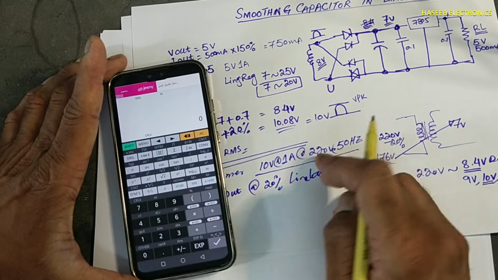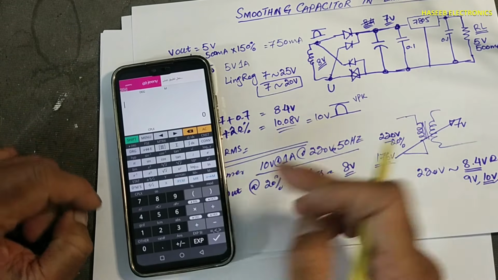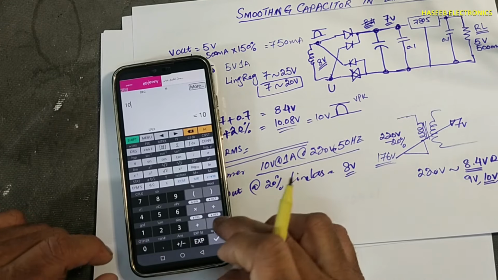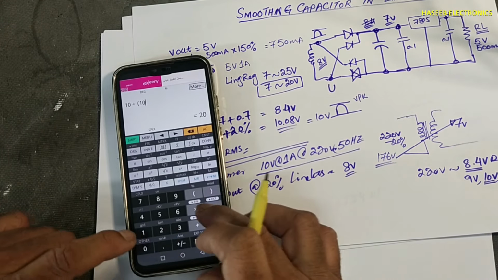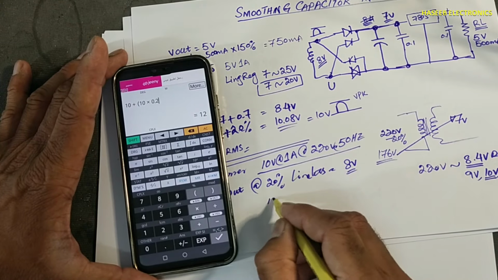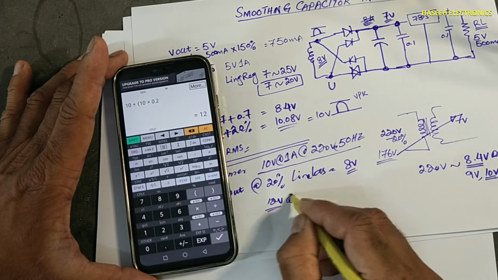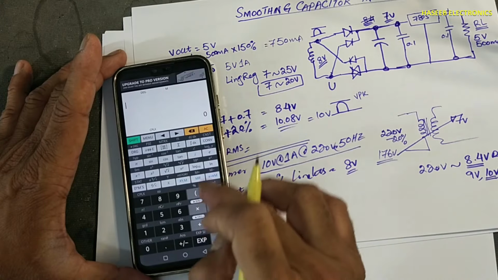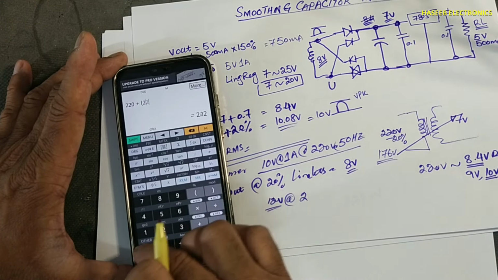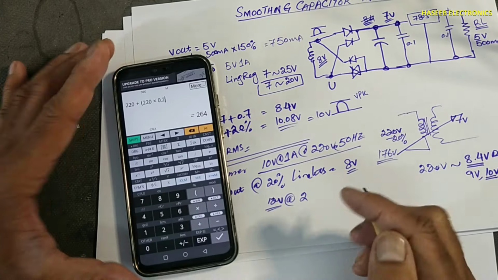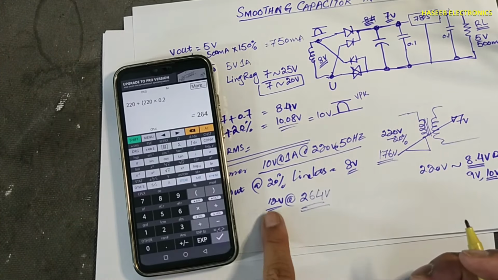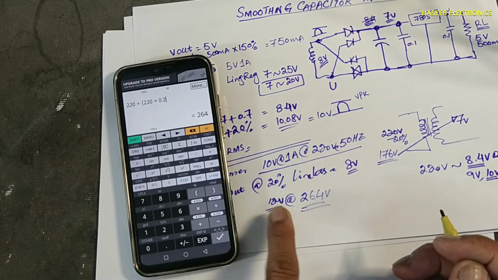But if the input voltage swells 20%, the output will increase 20%. 10 plus 10 multiplied by 0.2, the output voltage will be 12 volt. 220 plus 220 multiplied by 0.2 is 264 volt. So our upper voltage value is 12 volt.